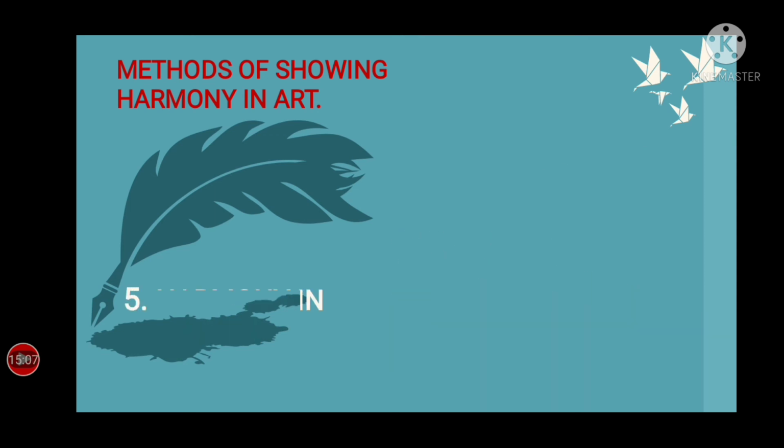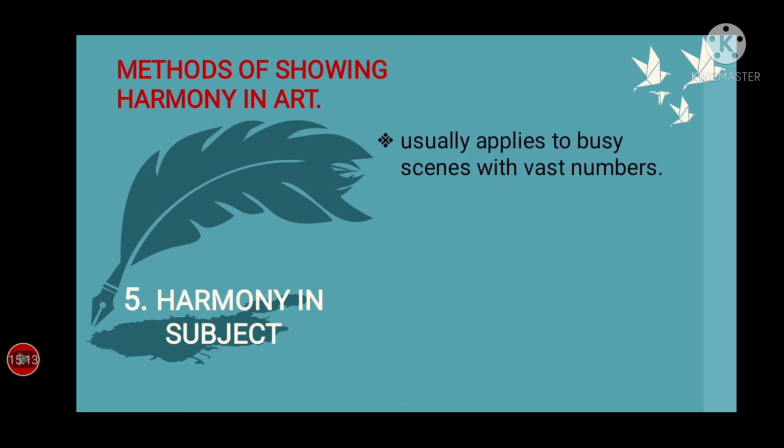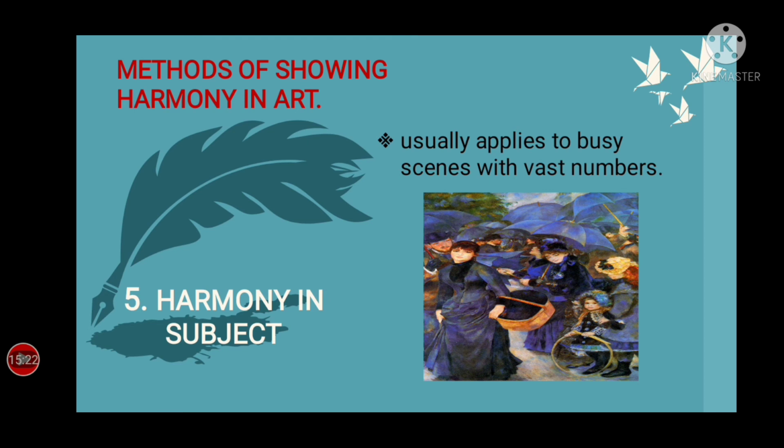Another method of showing harmony in art is harmony in subject. When we say harmony in subject, it usually applies to busy scenes with vast numbers. One example of this is Pierre-Auguste Renoir's painting, where umbrellas and other blue shapes take up so much of the painting that it creates a sense of harmony.